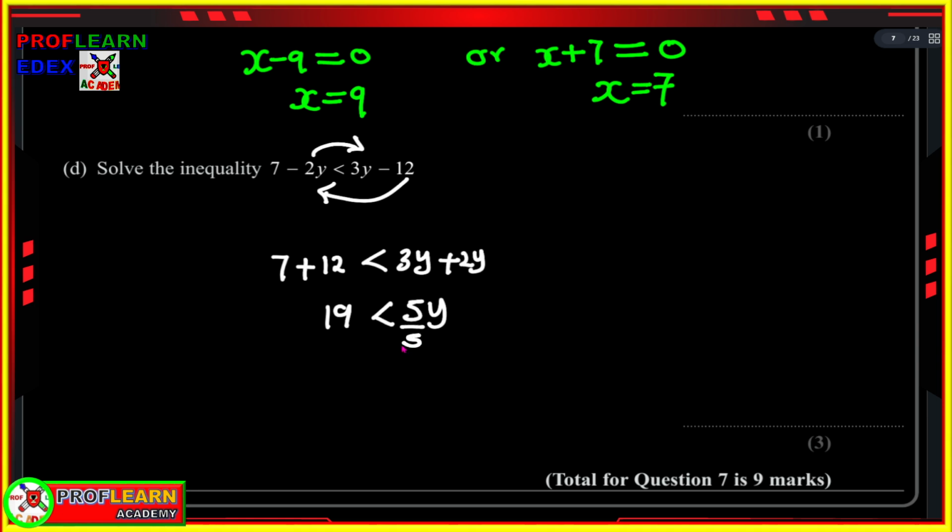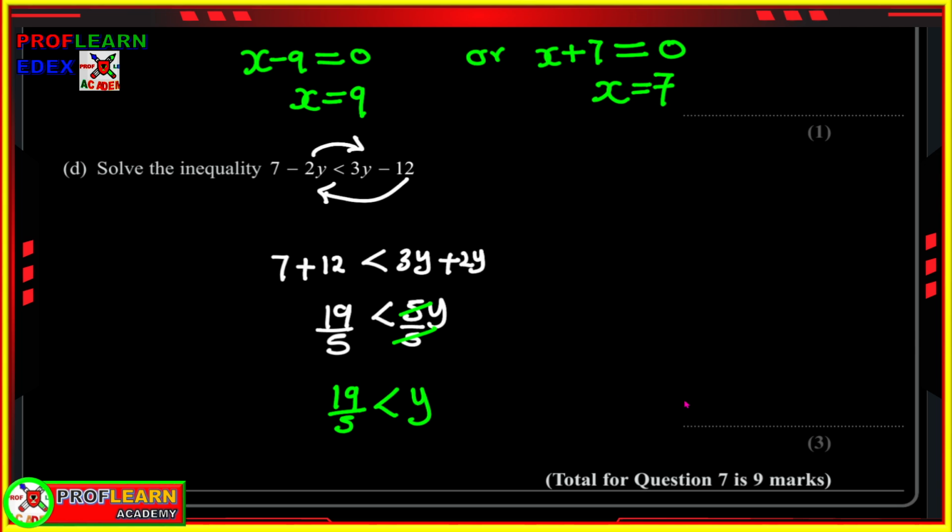Then you can divide by 5, so that whenever we have this, it will be 19 over 5 is less than y, and that is exactly what we were supposed to get in this particular part.